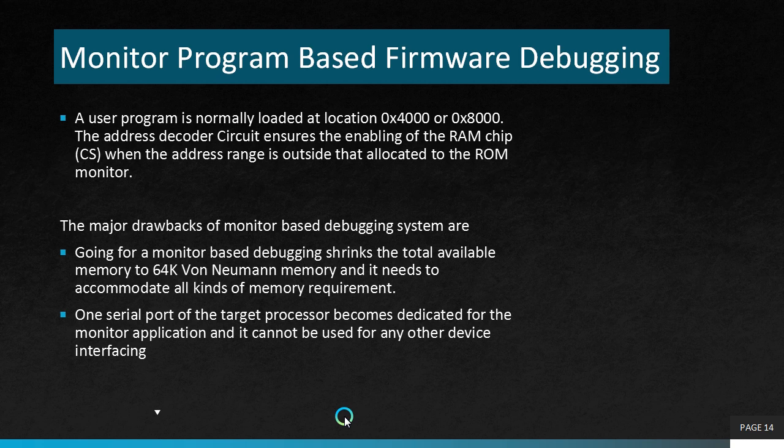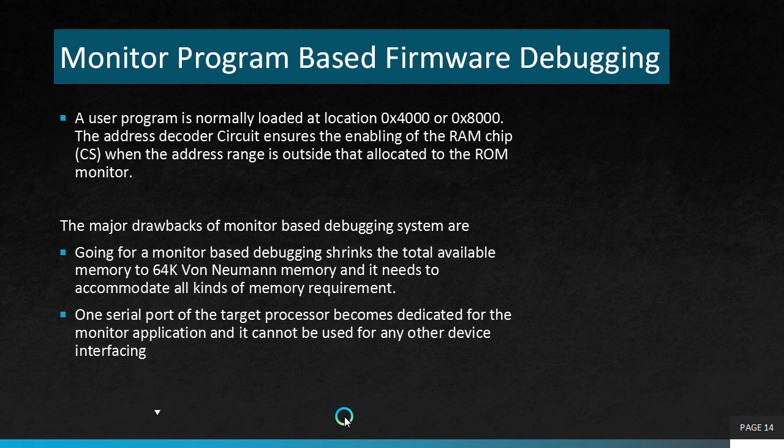The major drawbacks of the monitor-based debugging system are: the first one, the entire memory map is converted into a von Neumann model and it is shared between the monitor ROM, monitor program data memory, monitor program base, trace buffer, user written firmware and external user memory.